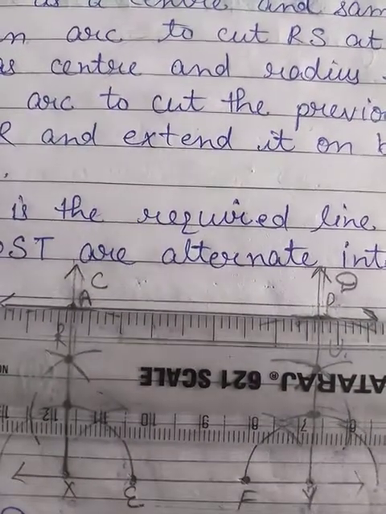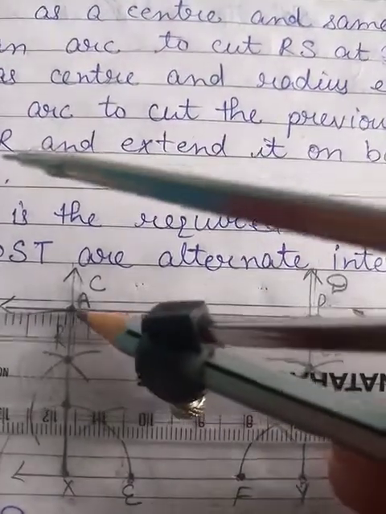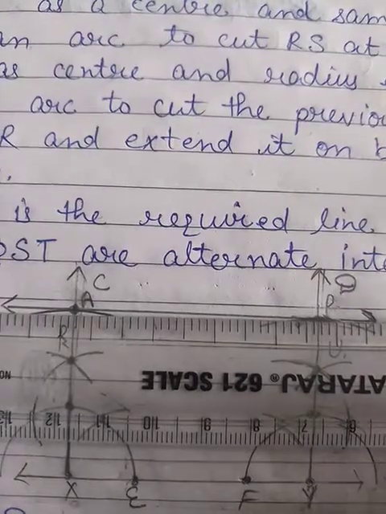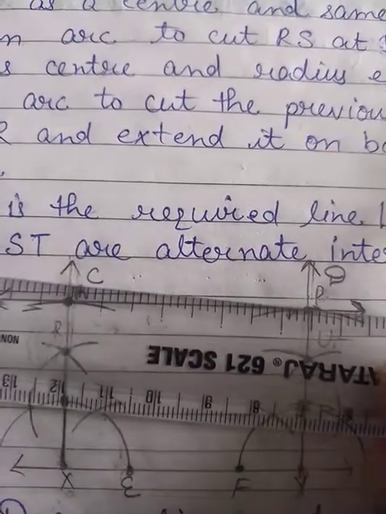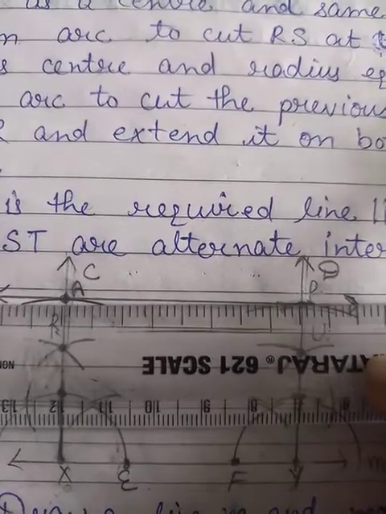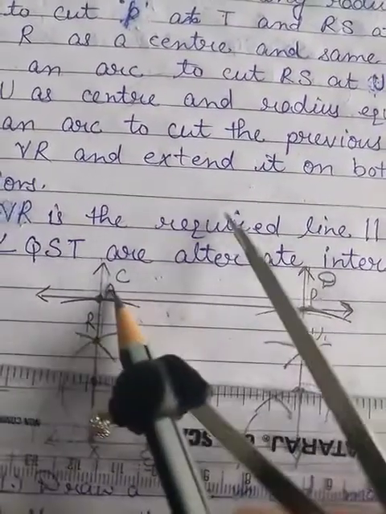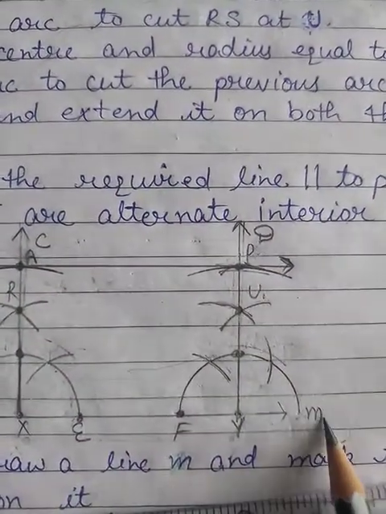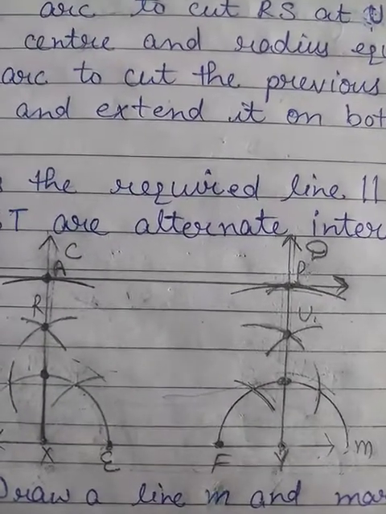Where the arcs are intersecting both the 90 degree angles, there we will mark a point A, and on the other side we will mark a point P. Then by passing through these 2 points we will draw and extend a line. Clear? So now this new line, whose name is A and P, is parallel to line M at the distance of 3.5 centimeter.